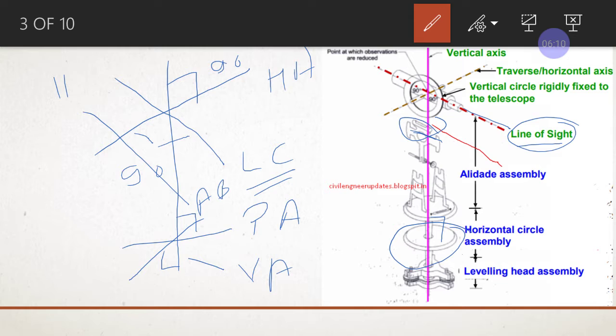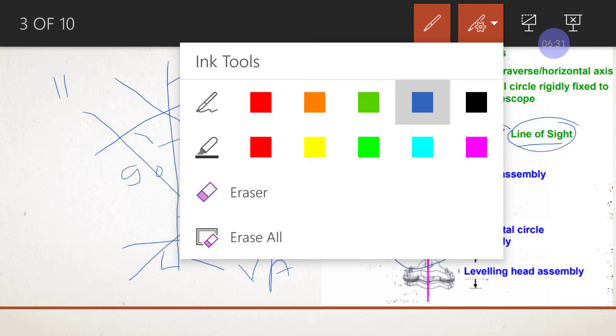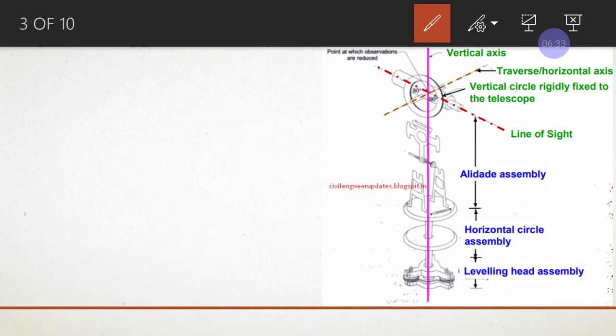So one thing you have to remember: the horizontal axis is perpendicular to the vertical axis, the line of collimation is perpendicular to the horizontal axis, and parallel to the line of collimation is the axis of the altitude bubble. This is how the image will be. I will show you once more. This is your vertical axis.